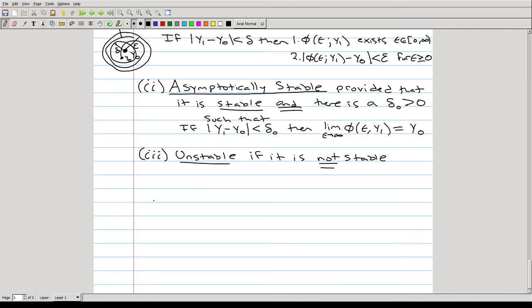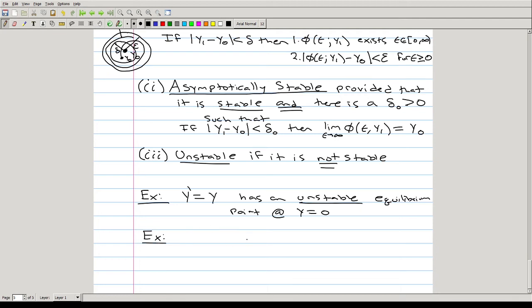So in the examples that we've seen so far, the Malthus non-dimensionalized differential equation y prime equals y has an unstable equilibrium point at y equals 0.